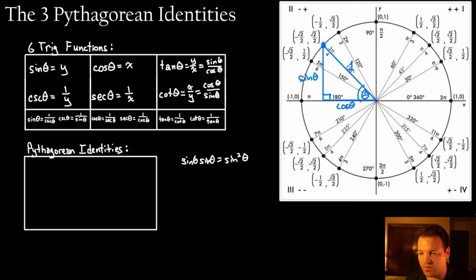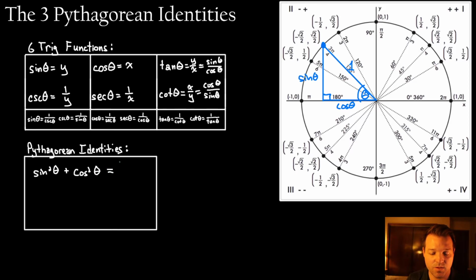All right, so let me just erase that, and let's go ahead and write this out now. One side squared would be sine squared of theta, plus the other side squared, which is cosine theta times cosine of theta, cosine squared of theta, is equal to the hypotenuse squared, which is just 1 squared, which is 1. And there you go. There's our first Pythagorean identity.